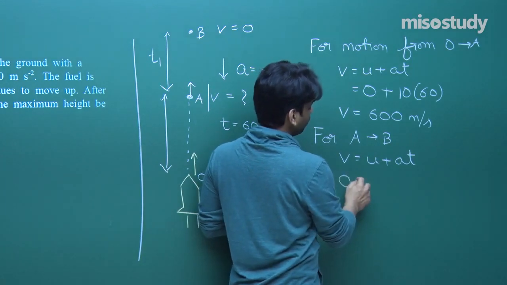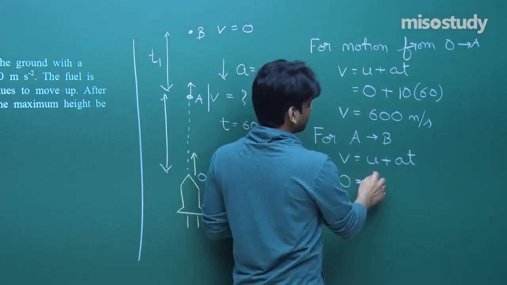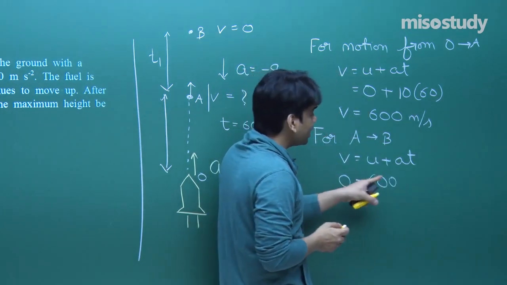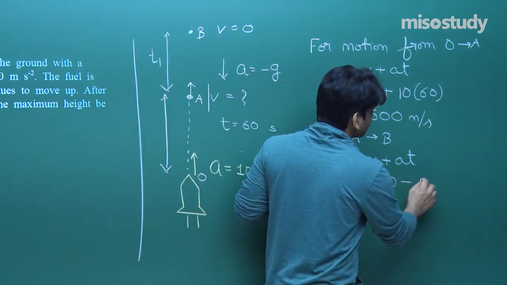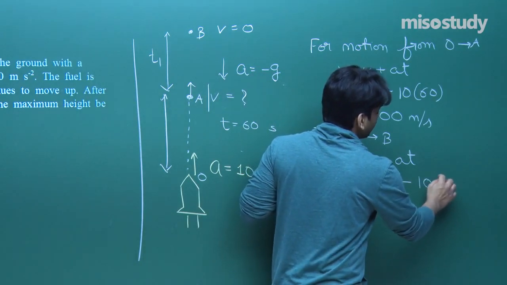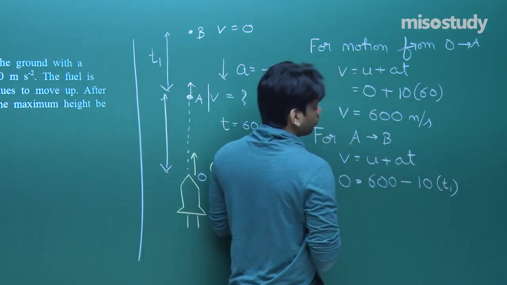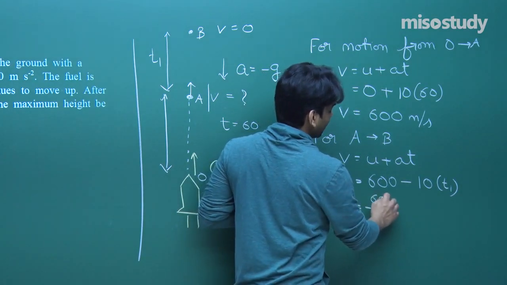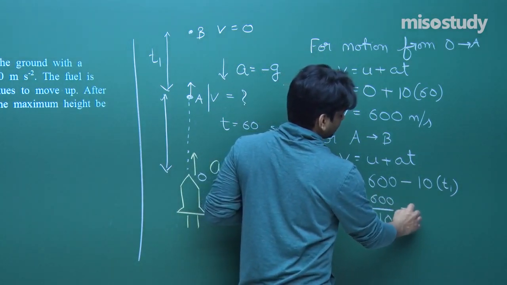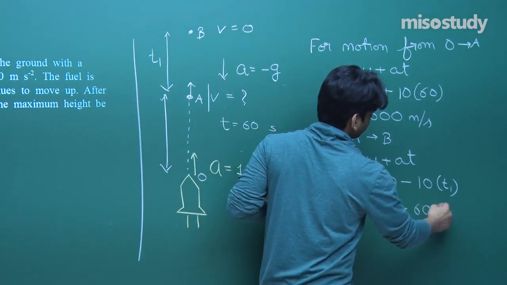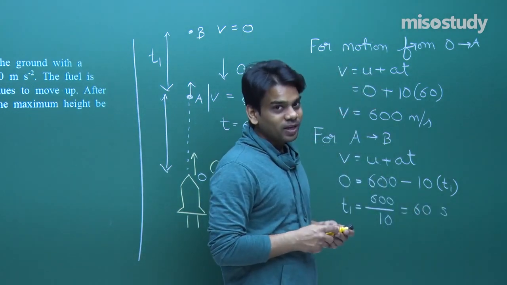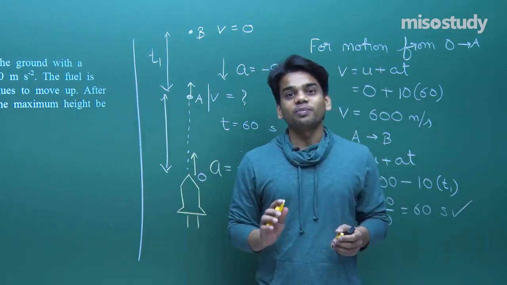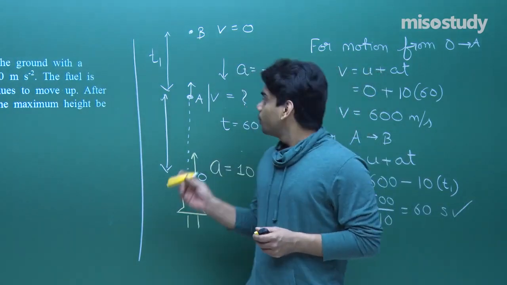Final velocity v is 0, u acting upward is 600, and a is the acceleration due to gravity acting downward, so minus 10, into time t1. From here, t1 will come out to be 600 by 10, that is 60 seconds. I hope you are clear about this question: it is going to take 60 seconds to reach the maximum height position from point A.